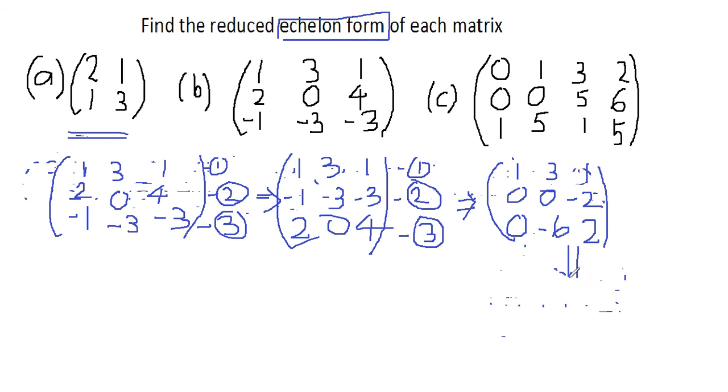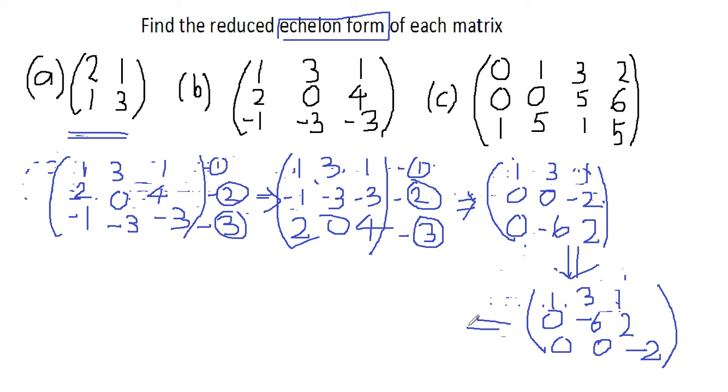So now we can swap to make it into an echelon form. Therefore, you get 1, 3, 1, 0, minus 6, 2, 0, 0, minus 2. And now we can make each leading entry into 1.